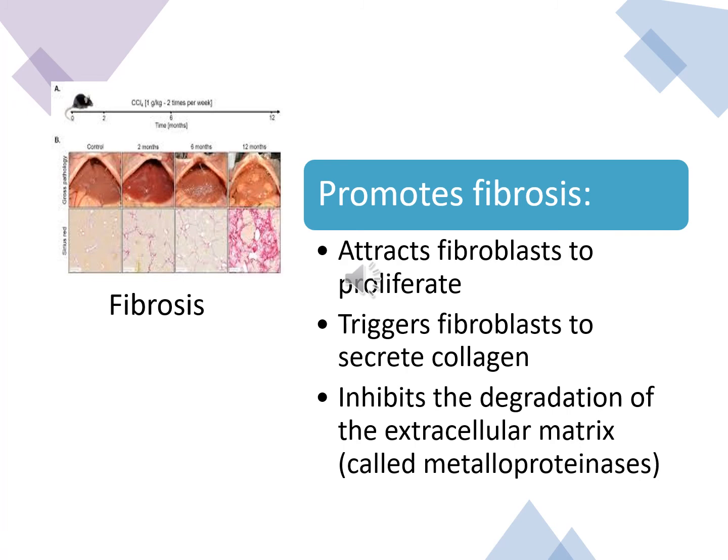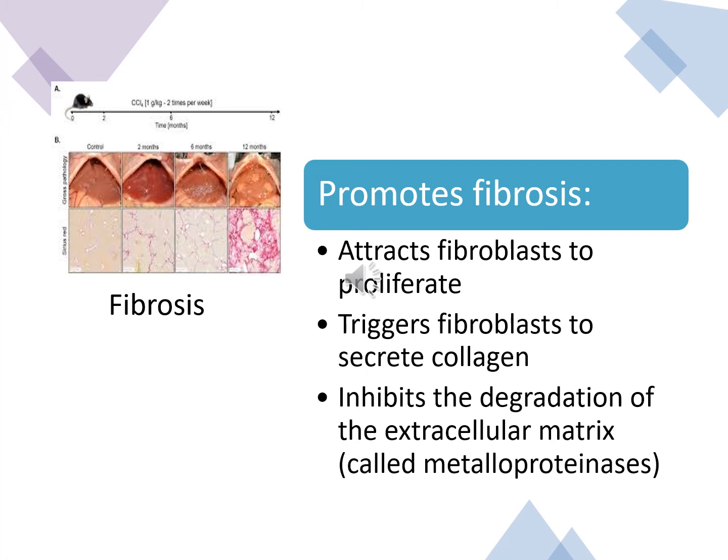Then they secrete collagen. What that collagen does is inhibit the degradation of the extracellular matrix. So this is then moving on to, if it doesn't work properly, how we end up with scarring. Because if this process isn't continued along the lines it should be, then we get this excess collagen that is secreted.